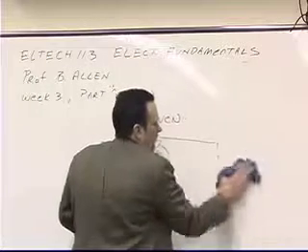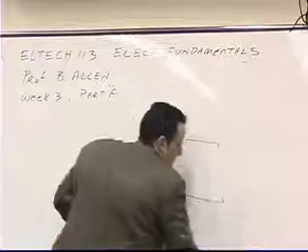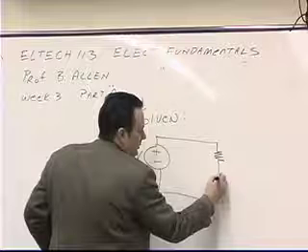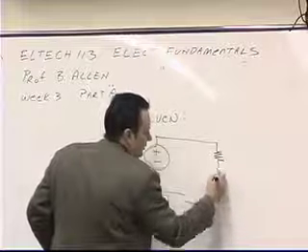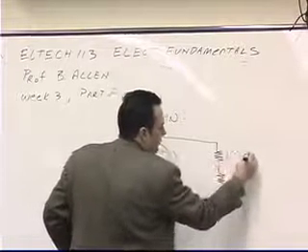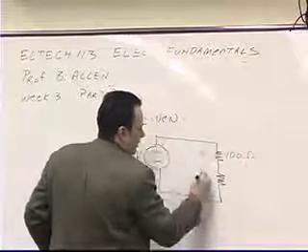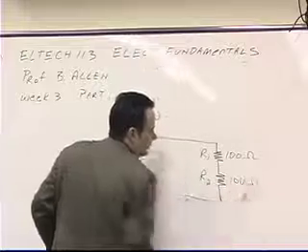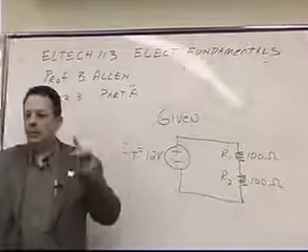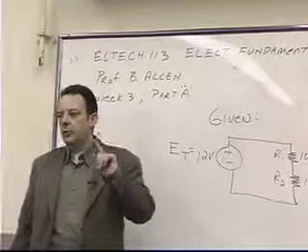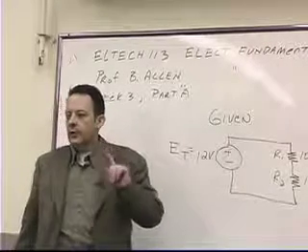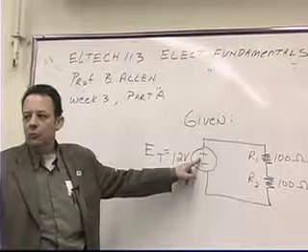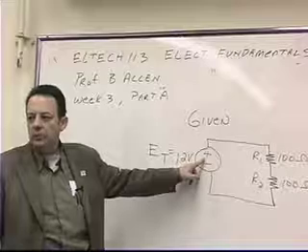Now, let me modify this a little bit and stick two resistors in here, but let's make them equal resistors. This is 100 ohms, resistor 1. Resistor 2 is also 100 ohms. Remember, the simple form of Kirchhoff's voltage law says the source voltage must be equal to the sum of the voltage drops around any closed loop.